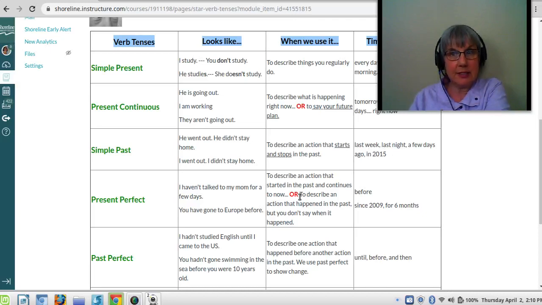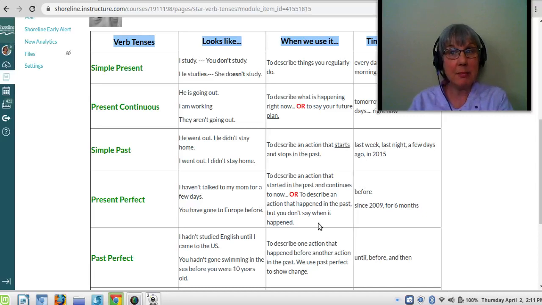Okay, that's different from present perfect. Present perfect means it started in the past and it continues now, or present perfect describes an action that happened in the past, but you don't say when it happened. The minute you say in 1985, you have simple past.